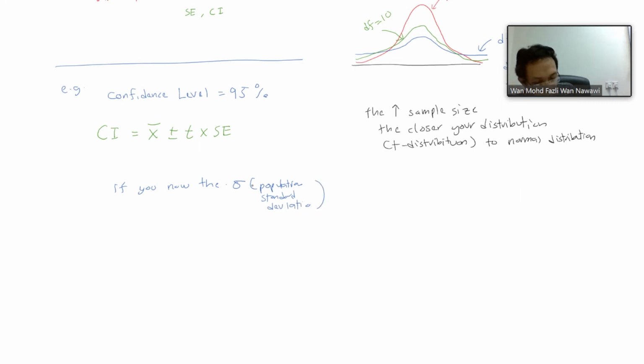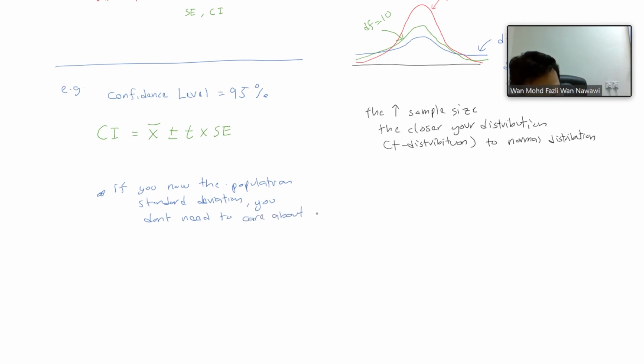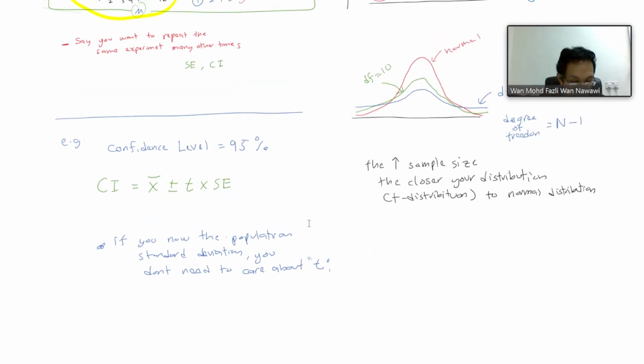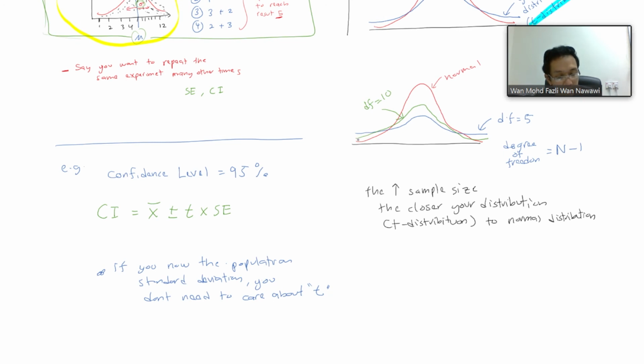If you know the population standard deviation, then you don't need to deal with T. As we talked before, you deal with T if you are doing sampling. So you don't need to care about T, because remember, the concept of T is that it is for sampling.